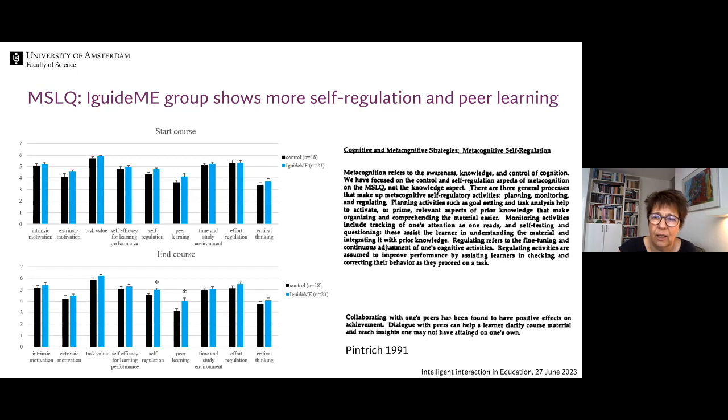The blue ones are IguideME and the black ones are the control group. At certain points, students who used IguideME performed better, with better self-regulation and better peer learning.